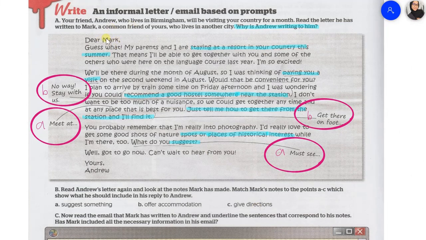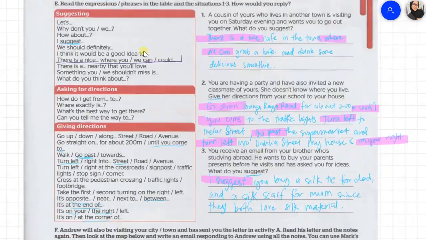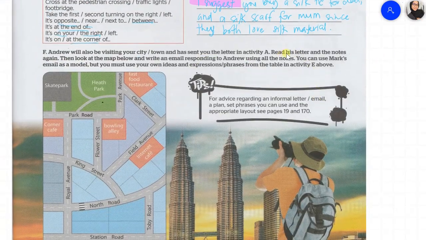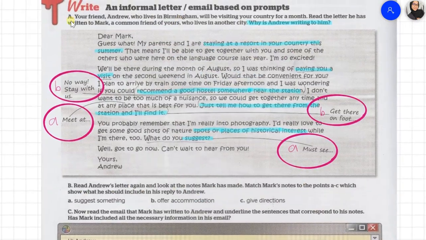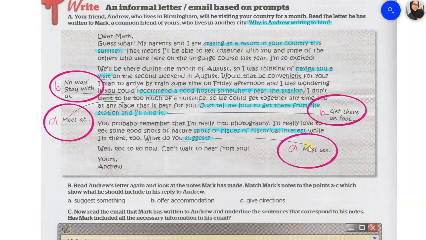Imagine that this is not marked, but this is your name. Okay, read his letter and the notes again. Then look at the map below and write an email responding to Andrew using all the notes. Okay, using all the notes. Remember there are 4 notes there. These are the notes. 1, 2, 3, 4.